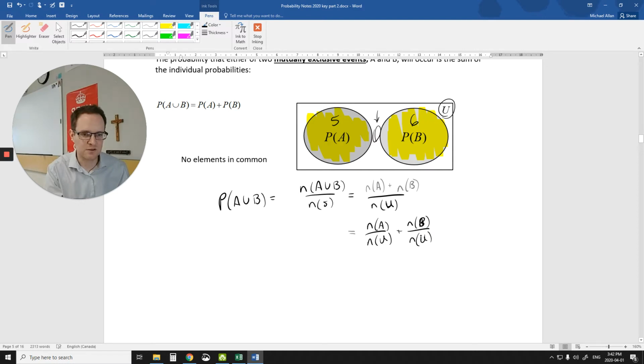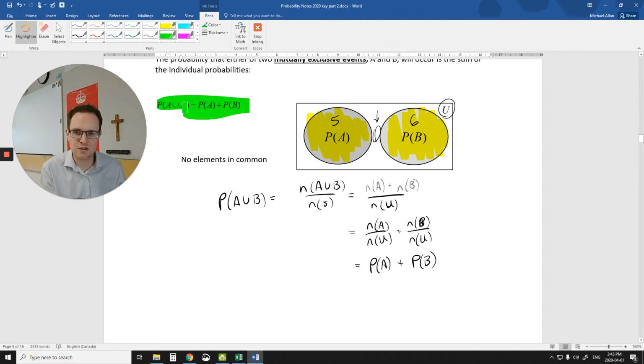This U is the universal set U. Now, probability, remember what it says up here, it's just favorable outcomes divided by the sample set, in this case our universal set. So this is the number of A happening divided by the universal set. That's just the probability of A. And then the number of B happening divided by the universal set, which is just the probability of B happening at the same time. So that's where this formula up here comes from.